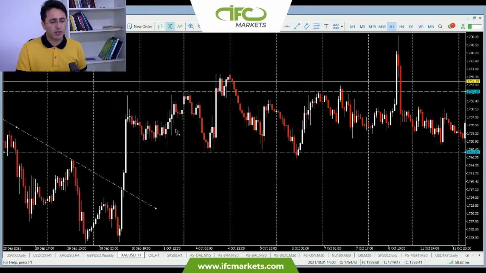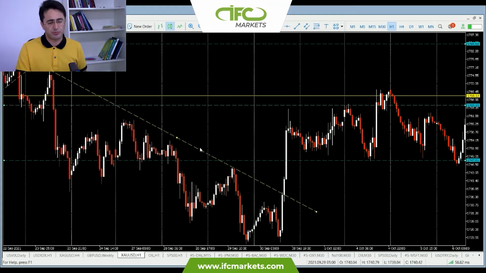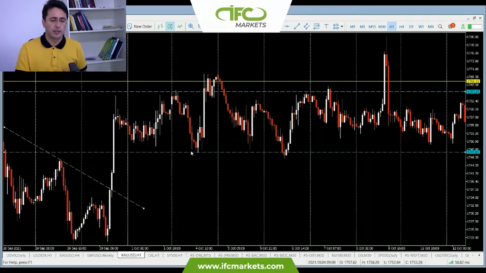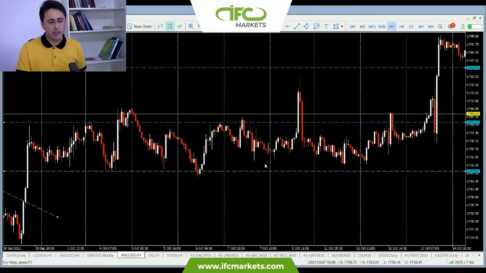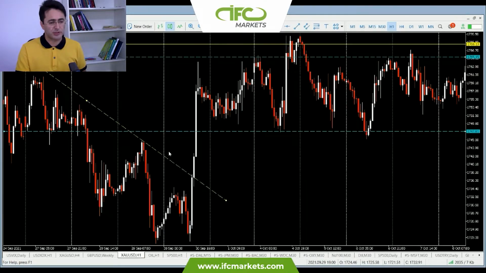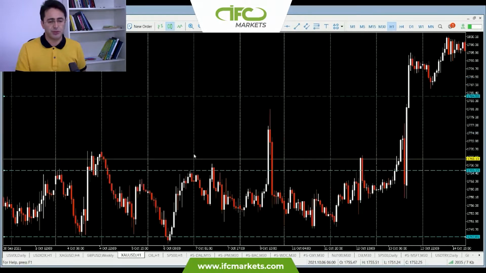Again, we have a correction. The downtrend ended here, was violated here, and started a side movement. And we have, for example, the flag pattern here. Can this be a continuation of the downtrend, or can it be a reversal? Which one?